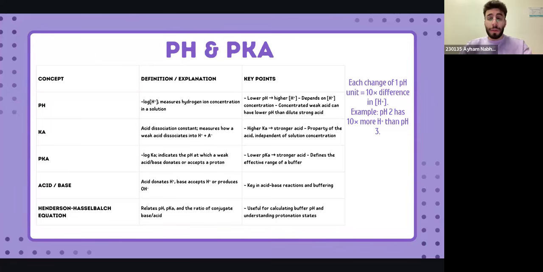We're going to talk about it in detail. But before we go to the next slide, you need to know that each change of one pH unit means a 10x difference in the concentration of hydrogen. As an example, a pH of 2 has 10x more hydrogen than a pH of 3, and so on. Okay?